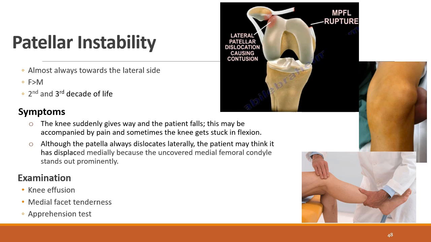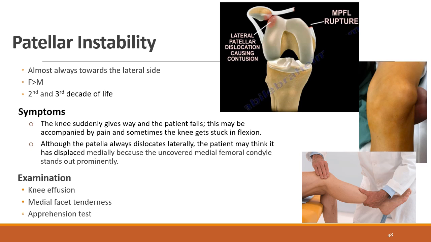Patellar dislocation and instability almost always happens to the lateral side, and it is more common in females than in males and happens in the second and third decades of life. At the sudden onset of patellar dislocation, the patient usually presents with a fall, giving way, instability. It almost always happens while the knee is in full extension, and the knee is stuck in flexion.